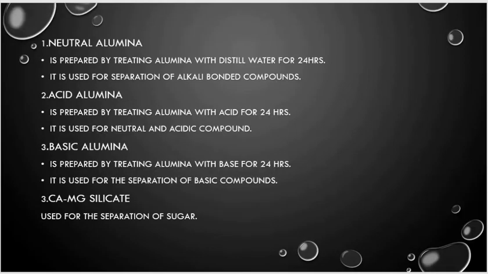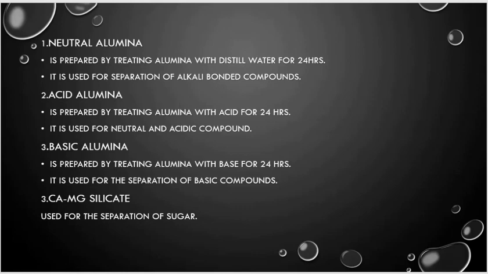The neutral alumina is prepared by treating alumina with distilled water for 24 hours, and it is used for the separation of alkali bonded compounds. Acidic alumina is prepared by treating alumina with acid for 24 hours and is used for neutral and acidic compounds.